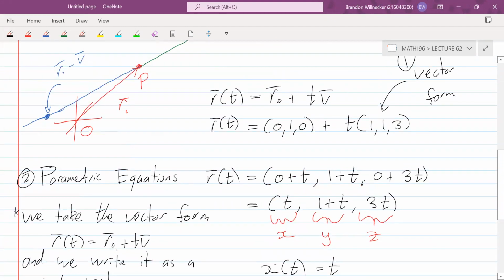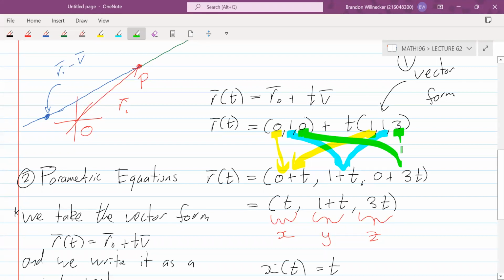Here we took this component and this component and we added them together there and there. We took this component and this component, we added them together here. And we took the last component, so there and there, and we added to get that.